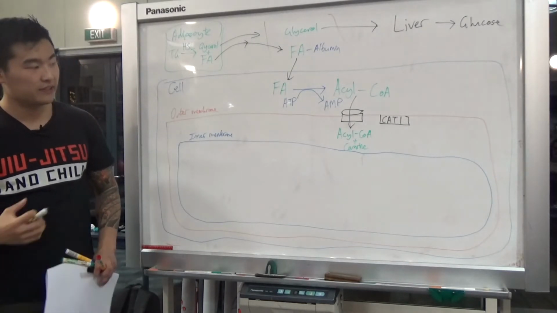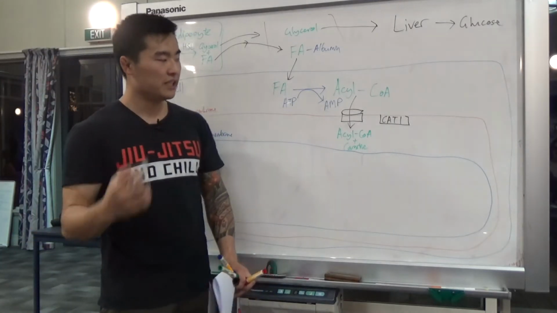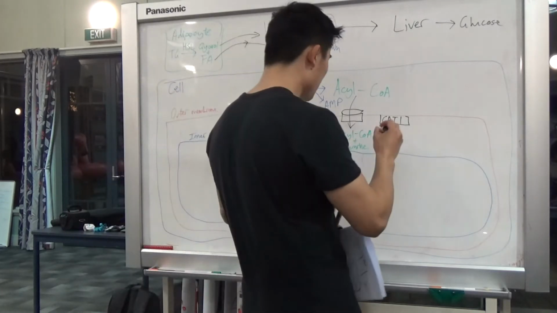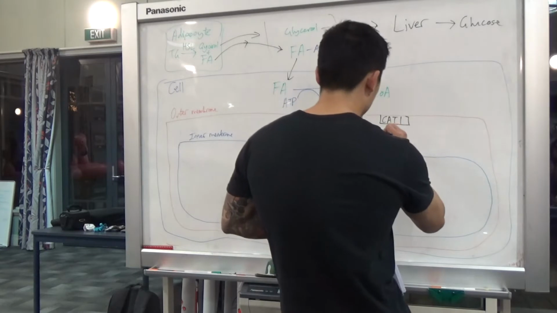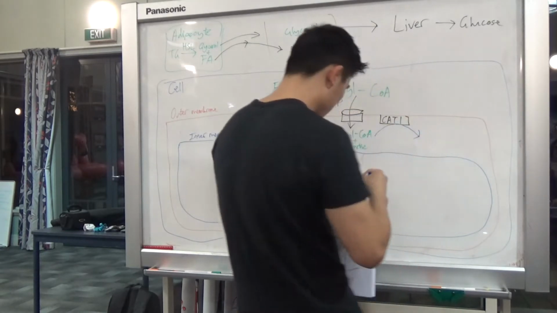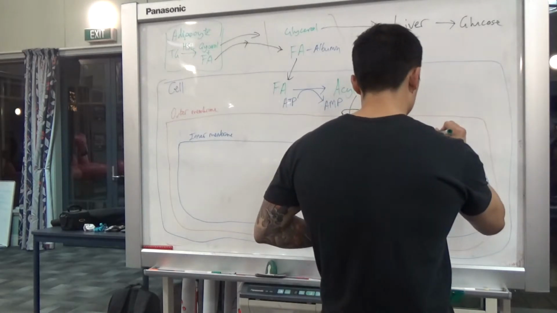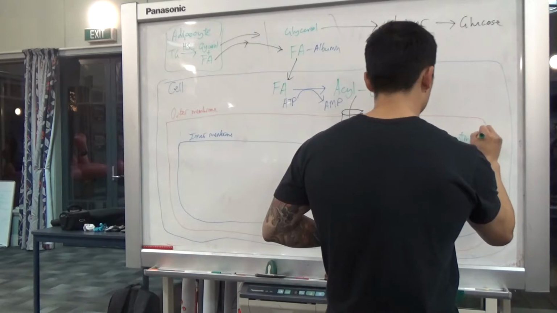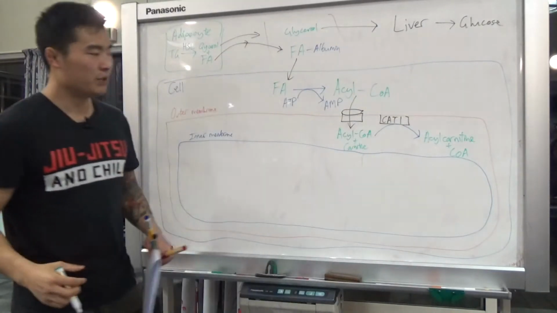So it's going to transfer the acyl onto the carnitine, so it's called carnitine acyl transferase 1, or CAT1. So now it's going to be turned into acyl carnitine, and you have your free coenzyme A molecule.